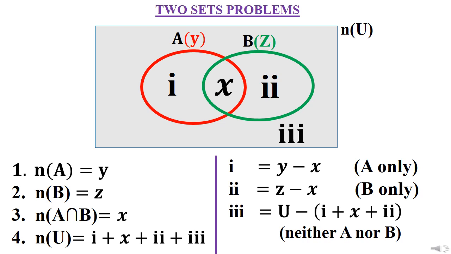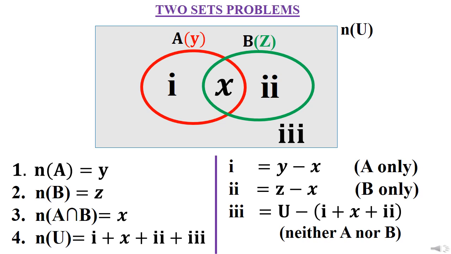The same thing applies to II. If you want to find B only, which can be business only, biology only, you also subtract the intersection members again from the number of members for set B, and it is equal to Z minus X. So whenever you want to find the portions for I and II, you subtract the intersection members from the number of members of the set before we can get the portions for I and II.